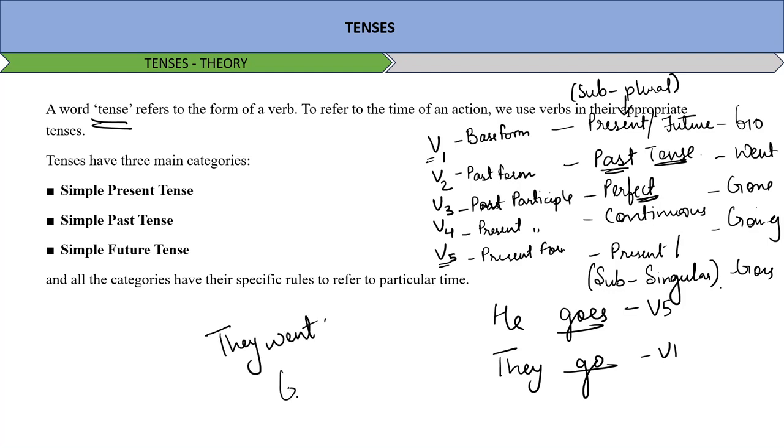Gone girl. She's a gone girl, trying to define what kind of girl she is. She's a gone girl. I will be going. We will be going. So this is how we use forms of verb in different scenarios and in different ways of tenses.